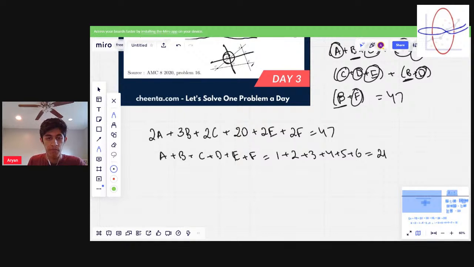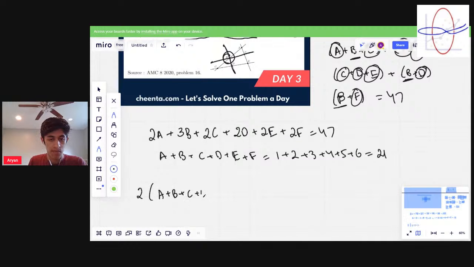This middle point. And so the interesting thing is, if we look at our first equation, all of the variables are multiplied by 2, except for B, which has a coefficient of 3 in front of it. So using this, we can write the first equation as 2 times A plus B plus C plus D plus E plus F, right? Because this would give us our 2A, 2B, 2C, 2D, 2E, 2F, and we'd just be left over with an extra B. And we know this obviously is equal to 47.